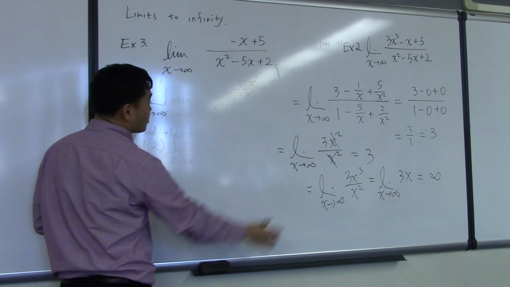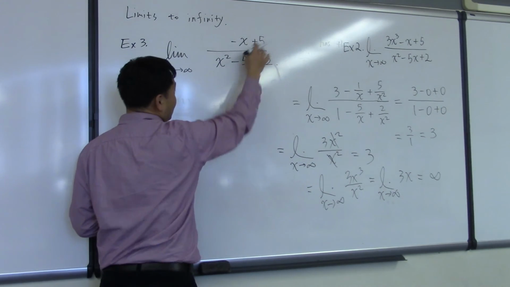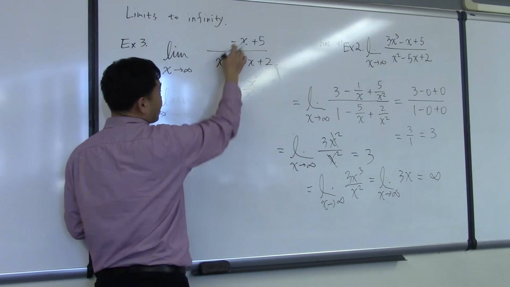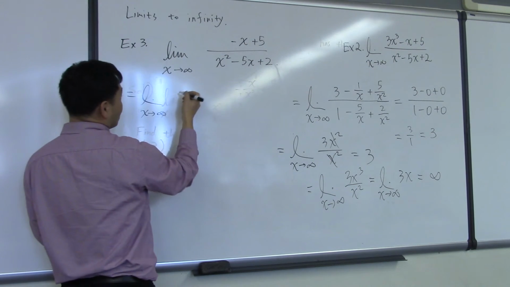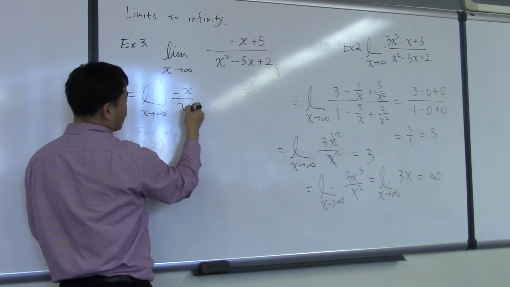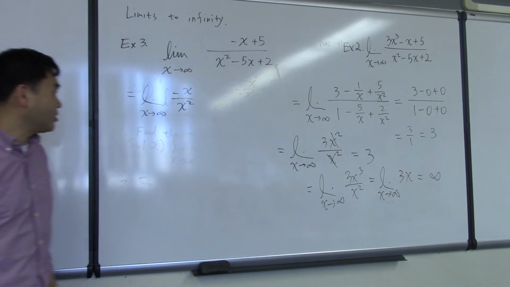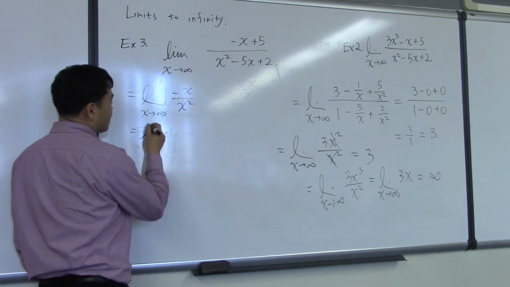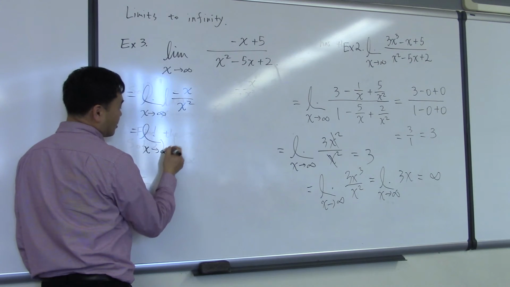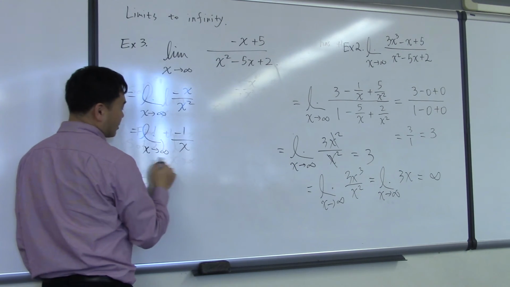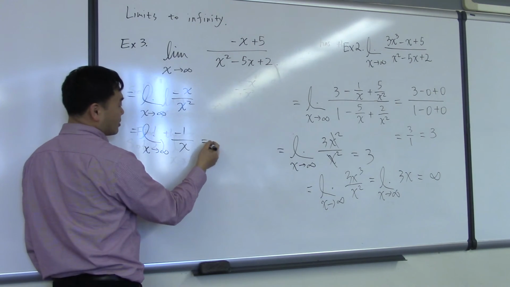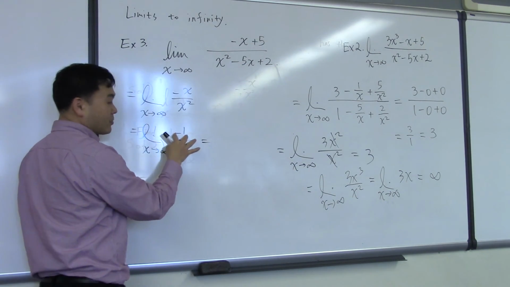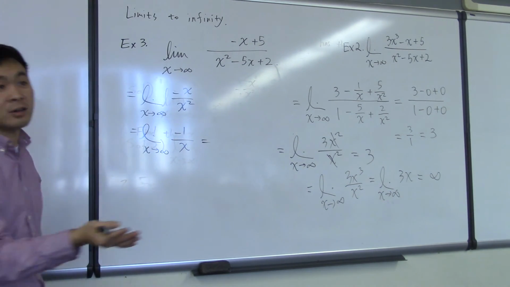Again, if you think about these as small compared to the highest terms, you can just ignore the rest and think about the competition between negative x and x squared, right? And that's the limit as x goes to infinity of negative 1 over x, and x is sent to infinity, so what's that? You're dividing a finite value by infinity, so you get 0.